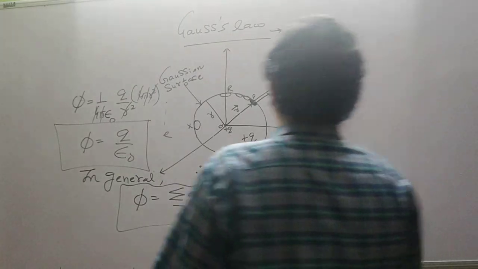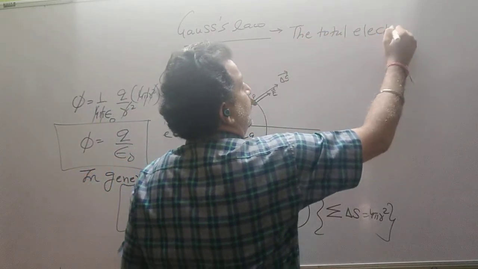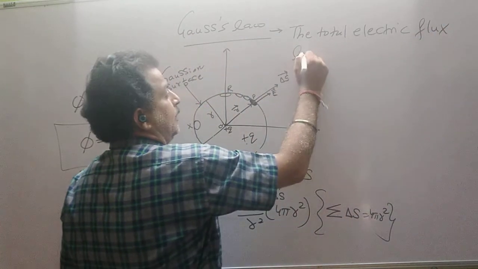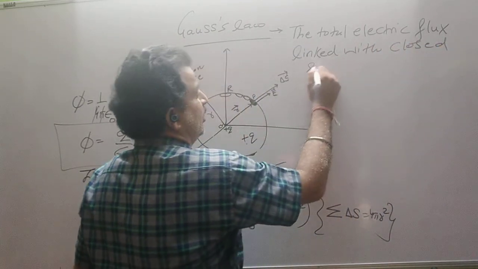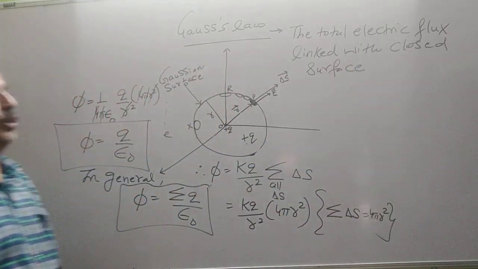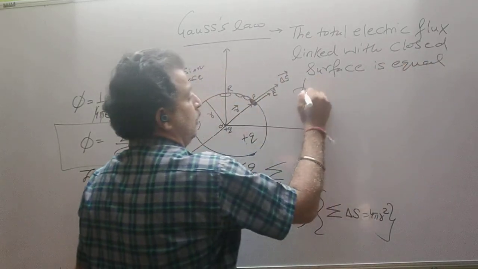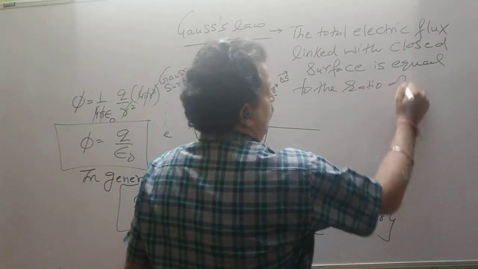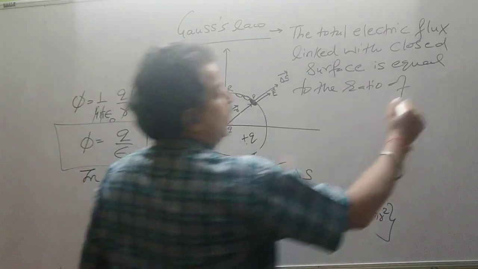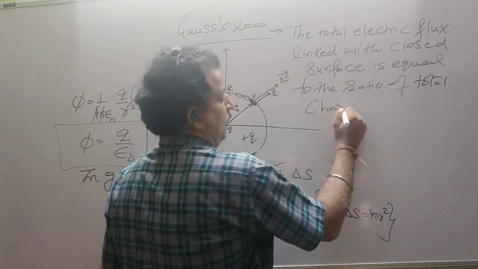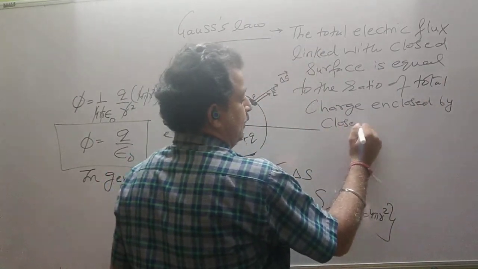So what Gauss law states, now we write the statement: the total electric flux linked with a closed surface, which we named as a Gaussian surface, is equal to the ratio of the total charge, or algebraic sum of the charges, enclosed by the closed surface, to epsilon naught, the permittivity of free space.